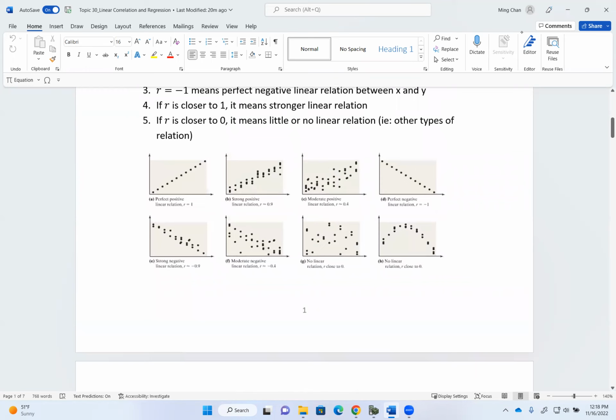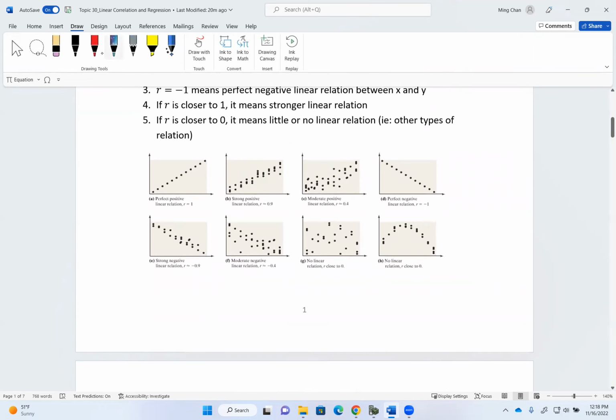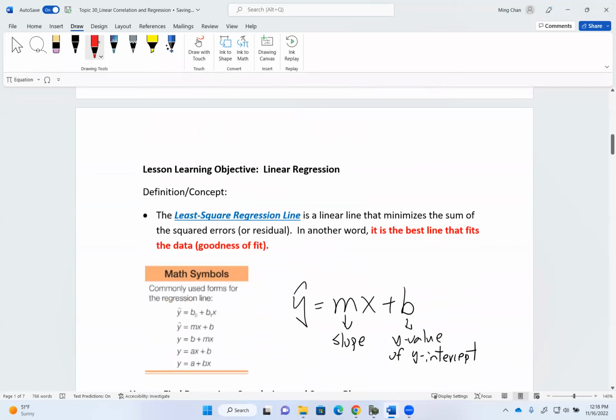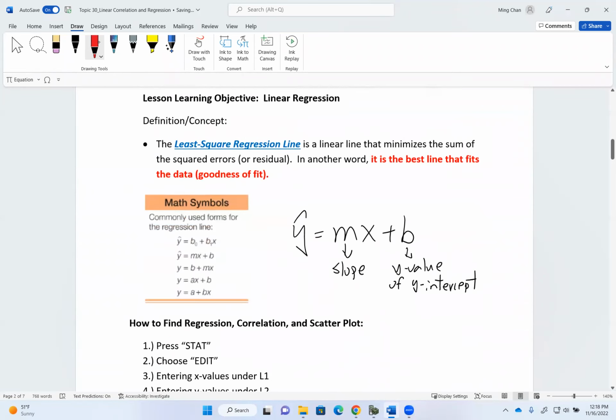Using this picture, the linear regression will be a straight line that best fits through the entire data. The residual, or error, is the distance from each point to the line. Those are your squared errors, or residuals.